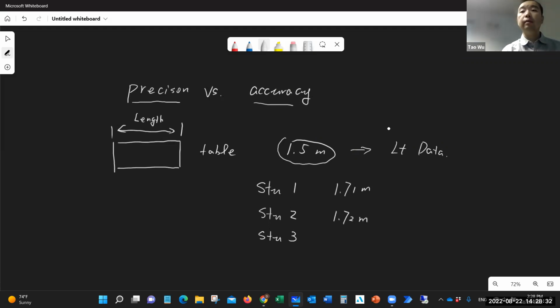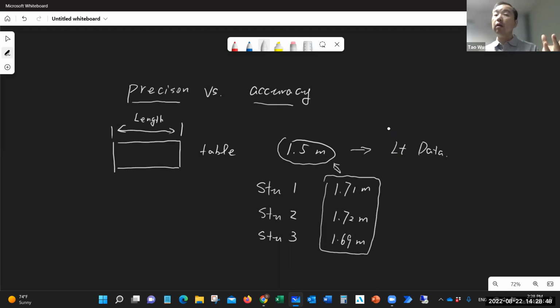And the third one measures 1.69 meters. Obviously, you see this data has a distance. It's a little bit far away from 1.5 meters, which comes from the literature data, right? But if you look at this set of data, it is repeatable. 1.71, 1.72, 1.69 are similar, right?